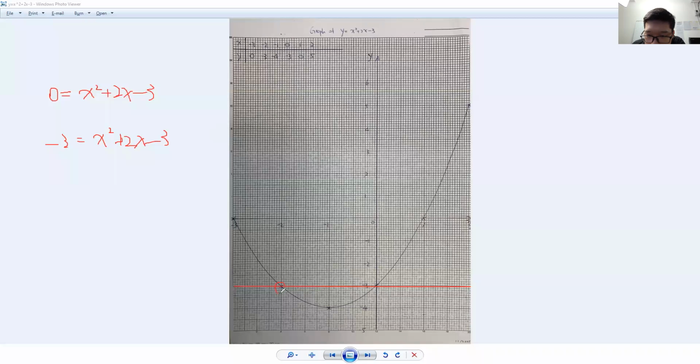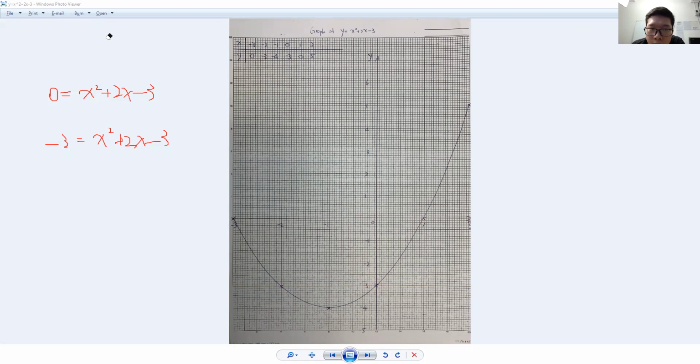So for this point, negative 2, negative 3, and this point, 0, negative 3, these are the 2 intersection points. It means the 2 solutions for this new quadratic equation will be 0 and negative 2.